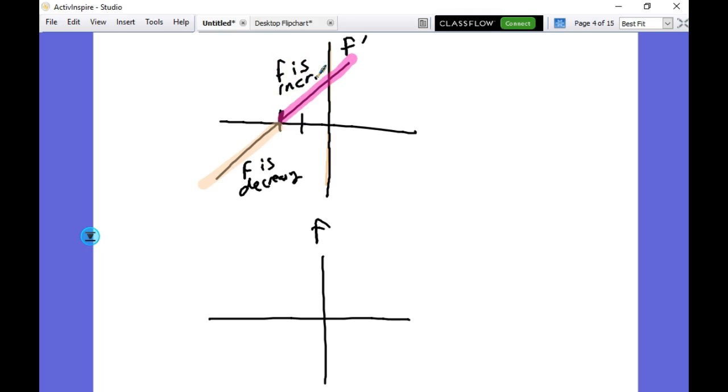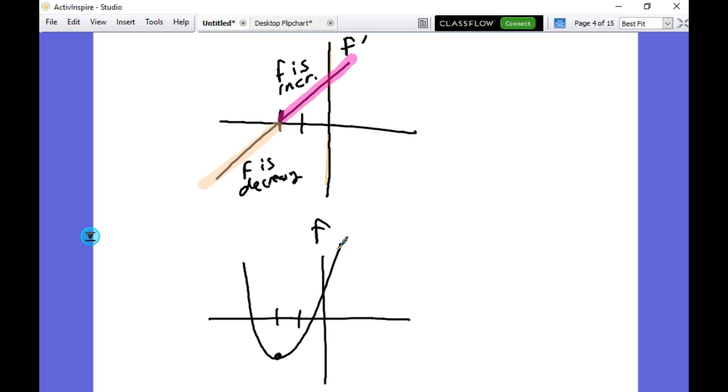Right? So if we go from decreasing to increasing, that makes it a minimum. Okay? So I have a minimum like maybe here-ish, decreasing to increasing.